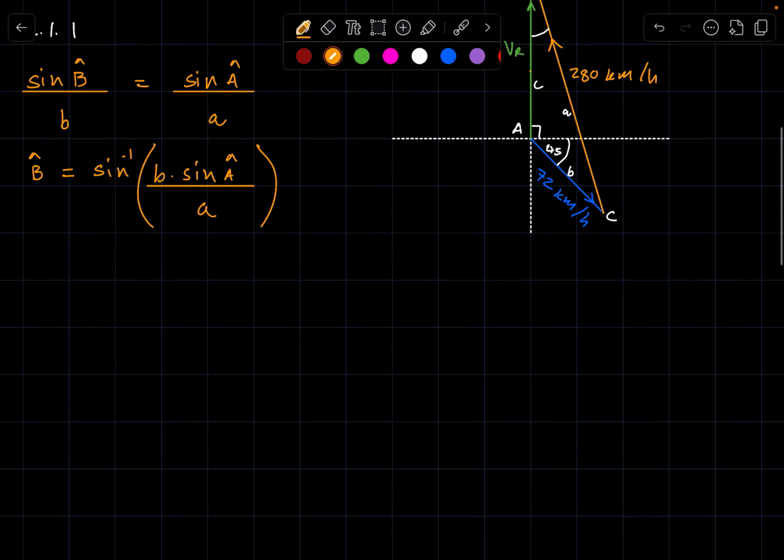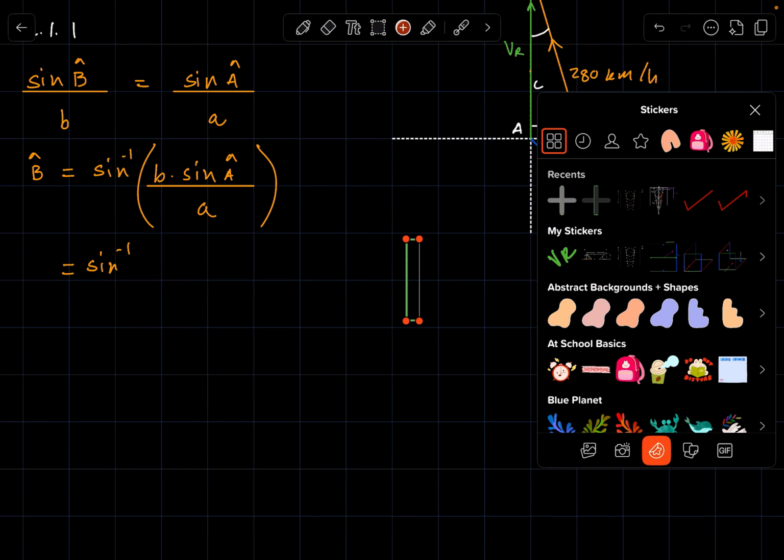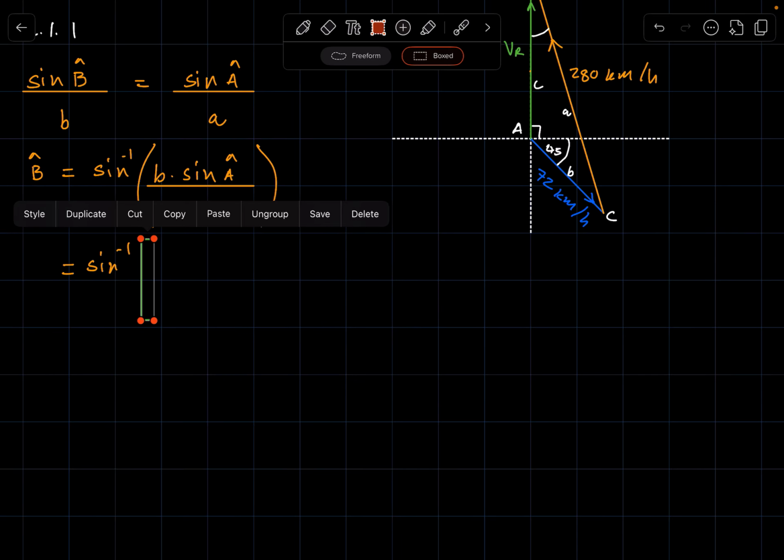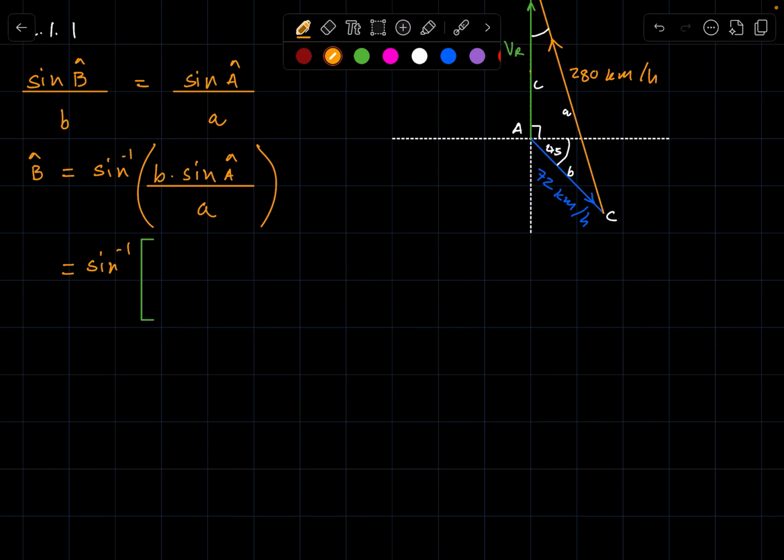Now substituting, arcsine of, now we use this because we're going to have parentheses on the inside.